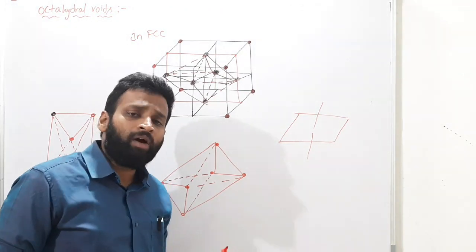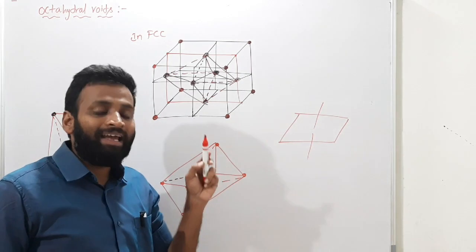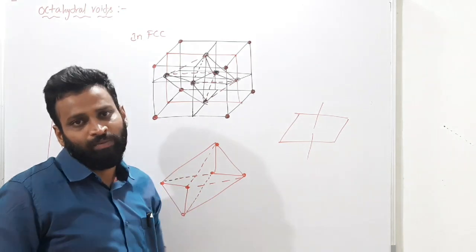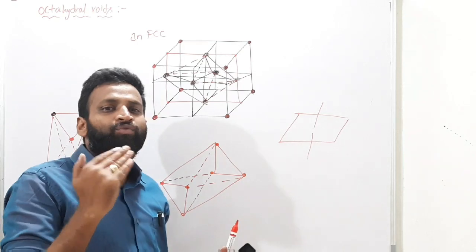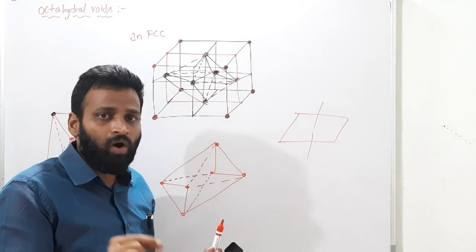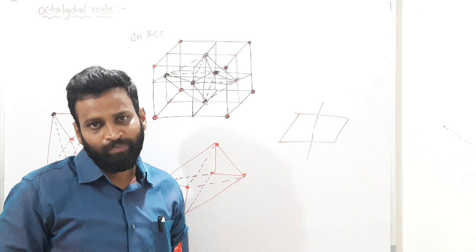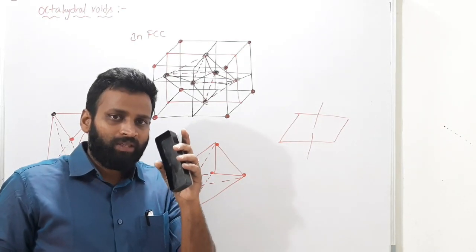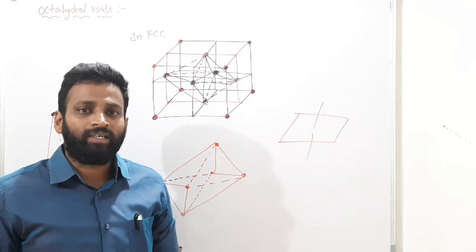Like that, how many octahedral voids will form? 12 octahedral voids will form at the edges. But each edge will be shared by how many unit cells? 4 unit cells. That means each octahedral void is also shared by 4 unit cells.